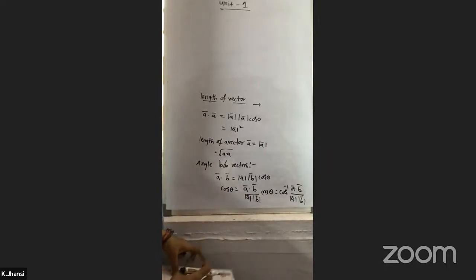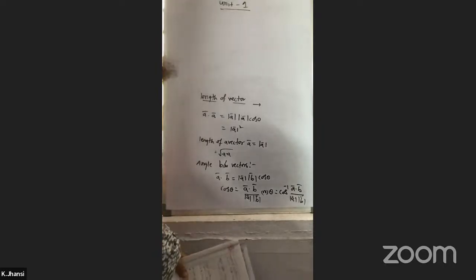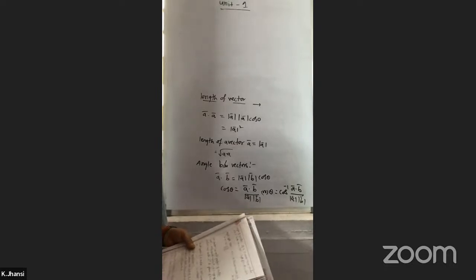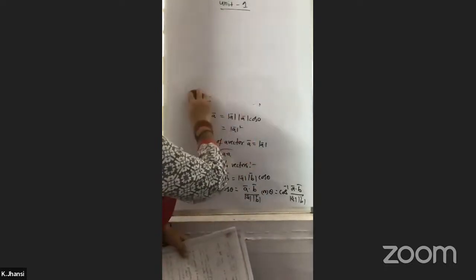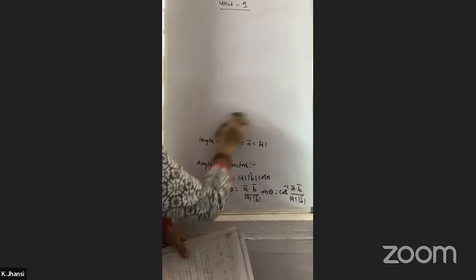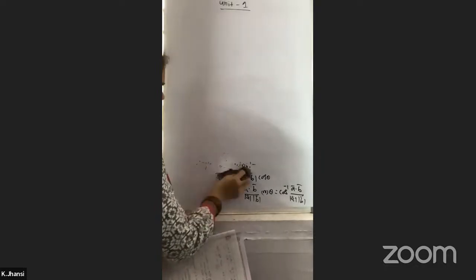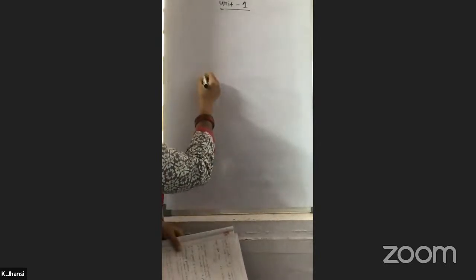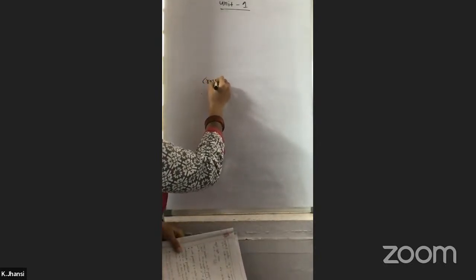Next we have the cross product in multiplication of vectors. Whenever we do the cross product, we also call it the vector product of vectors. Usually in the problems we use it as a cross product.